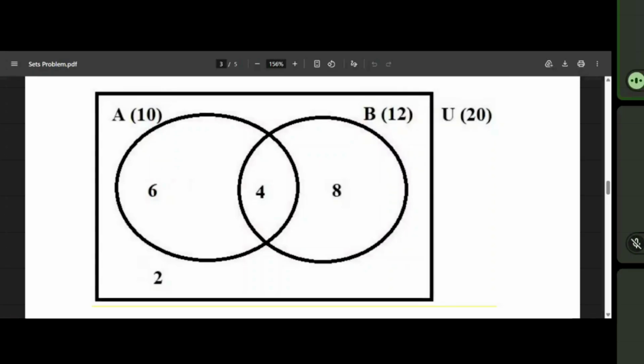When you add them, you are getting your 10. B has 12 elements in total. So when you add every figure within that oval named B, you should be getting 12. So when you add 4 and 8, you're going to get 12.